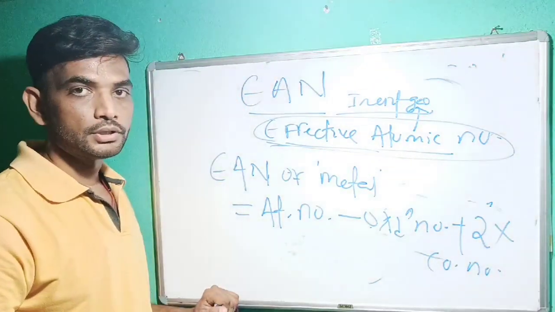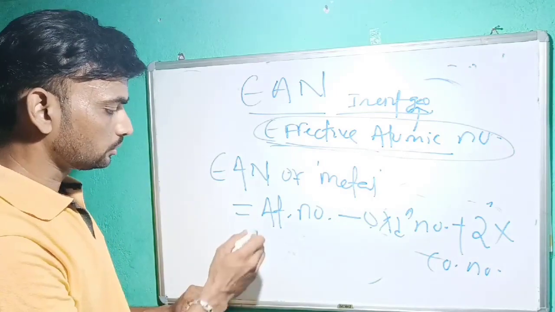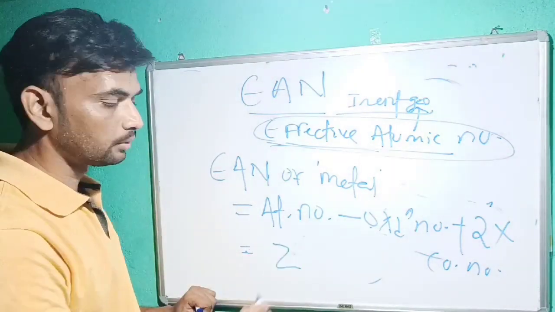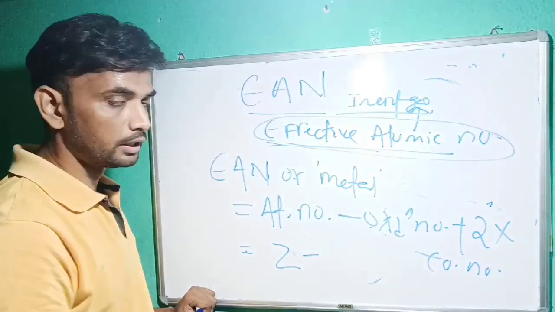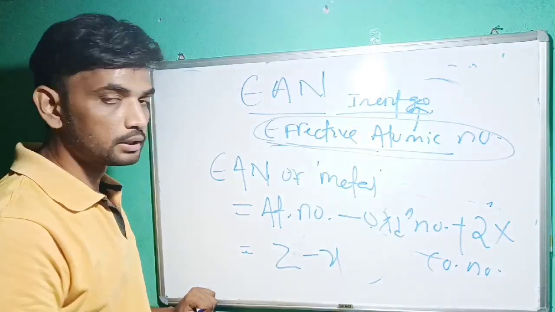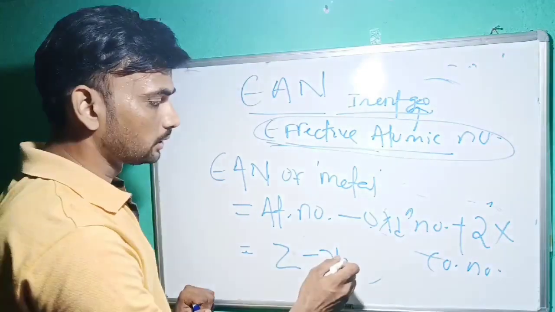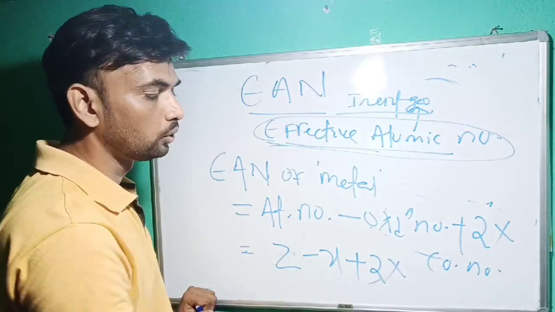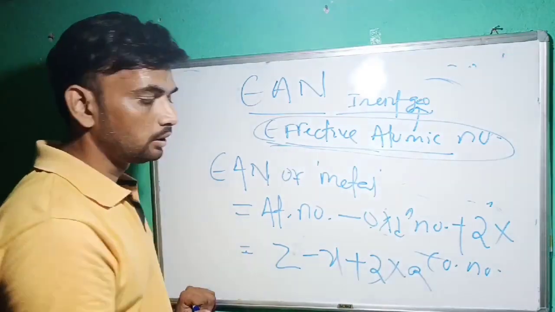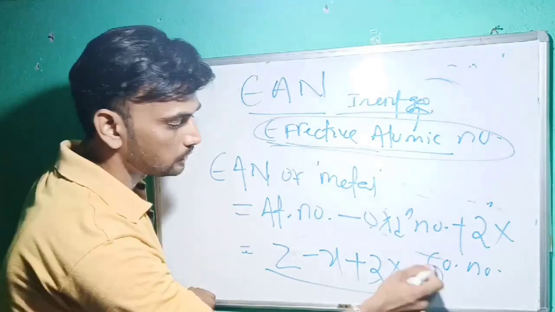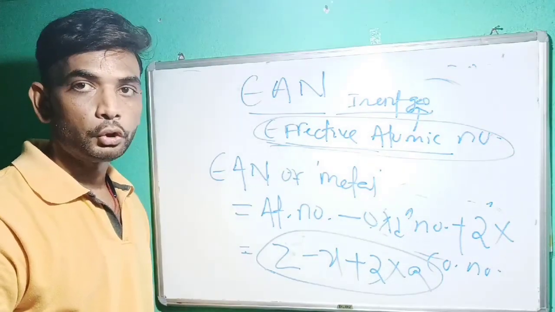This is the simplest formula, otherwise written as atomic number Z, oxidation number taken as minus X, plus 2 into coordination number written as small a. This is the formula Z minus X plus 2a.